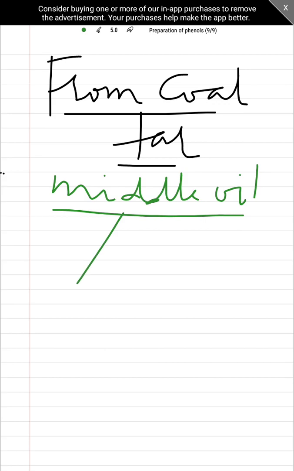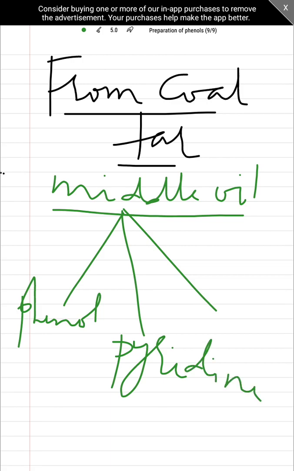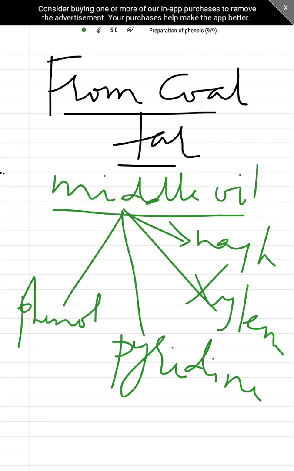But remember, along with the phenol, other compounds are also present, like pyridine, xylene, naphthalene.